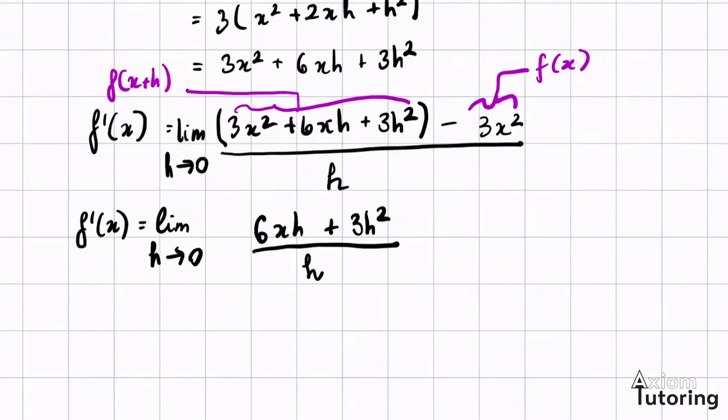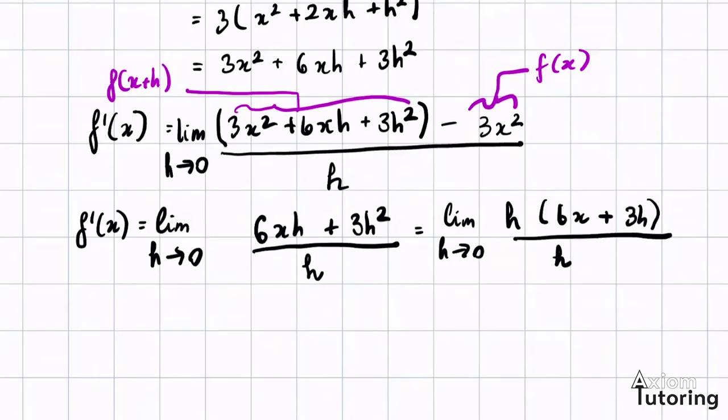And we can see that we have an h in each term in the numerator. So we could factor out that h. So we're adding brackets back in here. We're taking the h out from each term. So inside the brackets, we have 6x plus 3h all over h. And from here, we can see that h cancels in the numerator and the denominator.